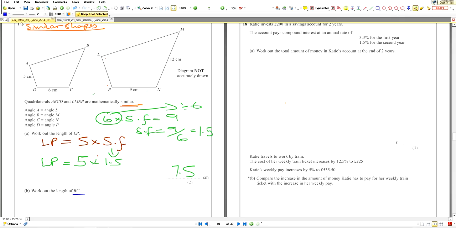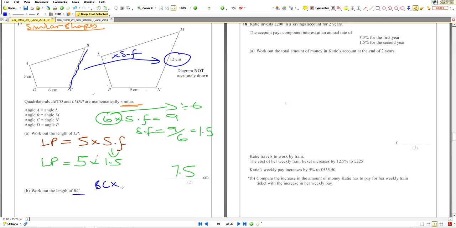So we want to work out the length of BC, which is this one. Now this length here corresponds to what? MN. So BC times by the scale factor will give us MN. Let's write the BC slightly higher up because we're going to need space. So we say here BC times by the scale factor.